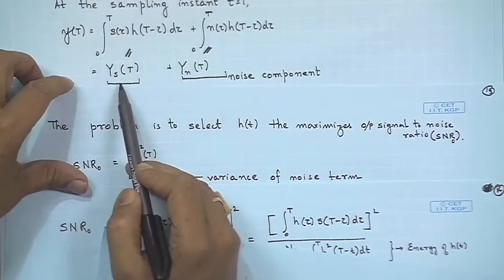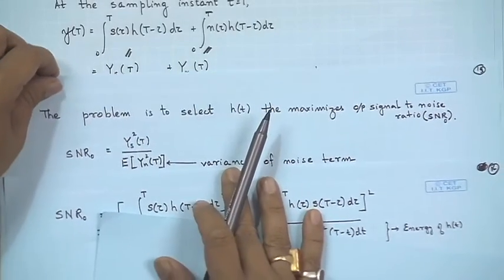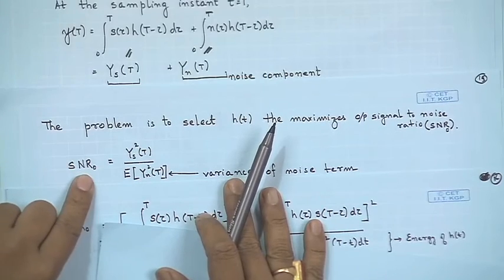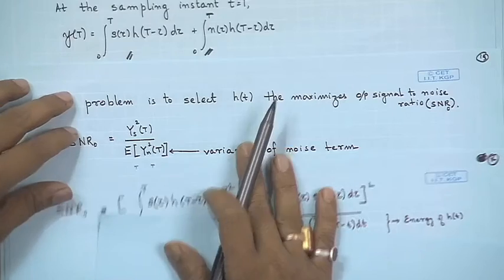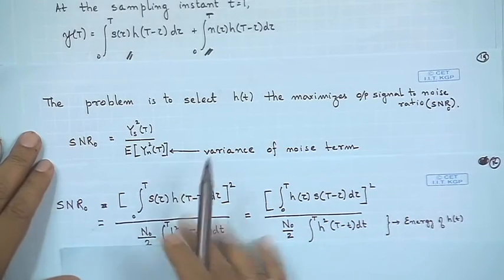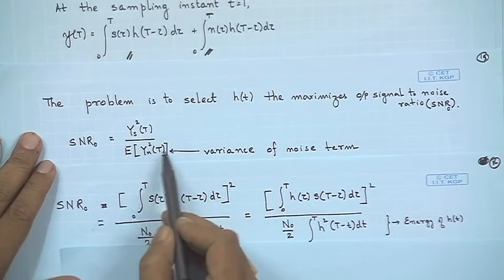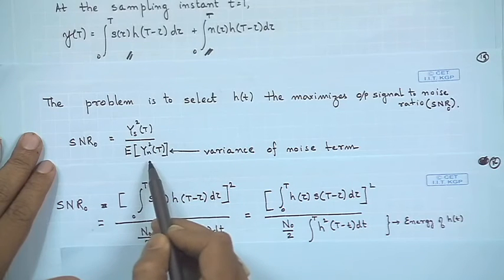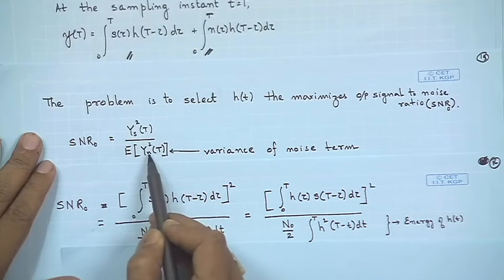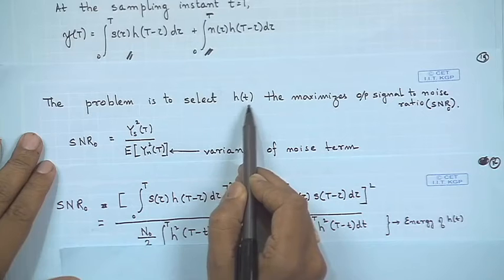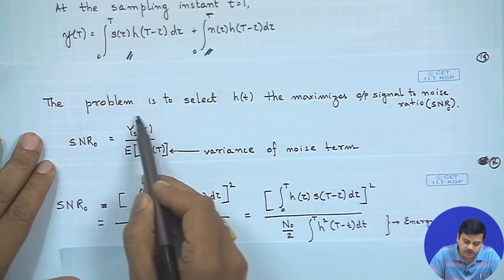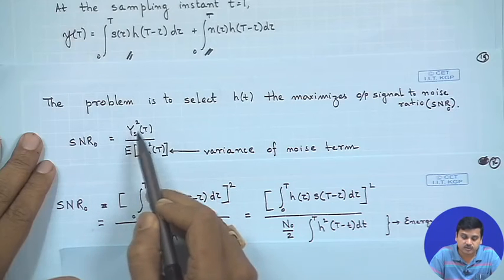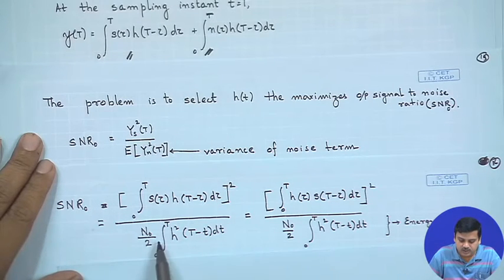The first integral we called the signal part, the second the noise part, and then we described SNR, which is the signal power to noise power. Once we have done that, we want to maximize this ratio, and first we looked at this term. We found that it is dependent upon the energy of h. Suppose the energy of h is held constant, which is a pretty valid assumption, we need to find how you can maximize the numerator.